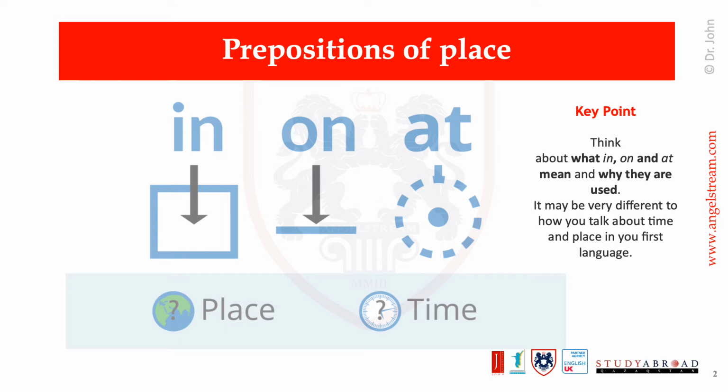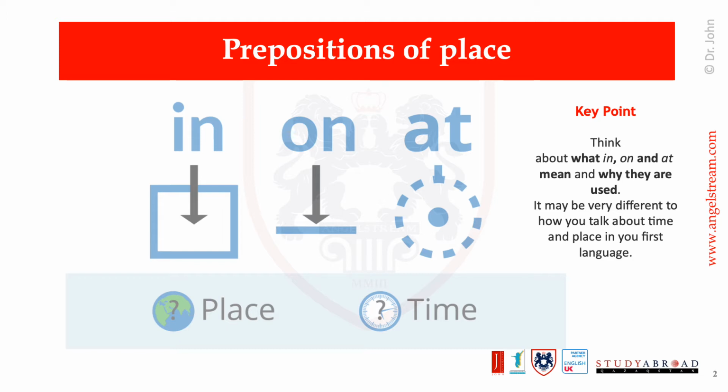Now, today we are going to talk about in, on, and at. These are the three common prepositions and sometimes the most confusing for some people. If you pay attention to the diagram, I will be explaining them a little bit further, but you see in is a square and it has a boundary, that is, it is within certain limits.